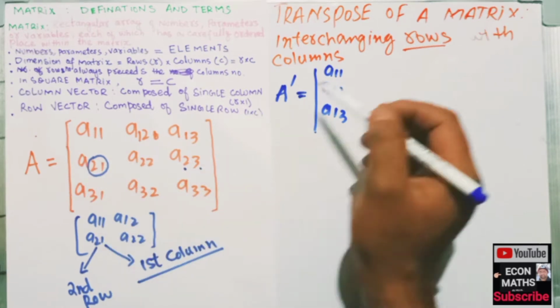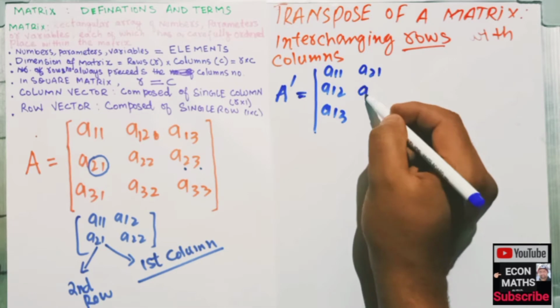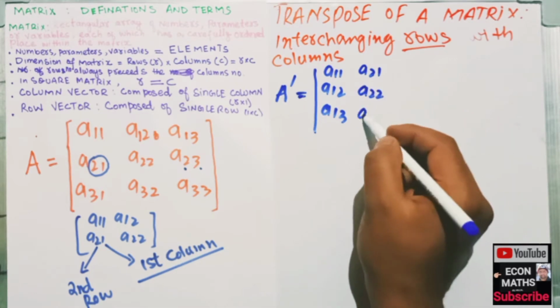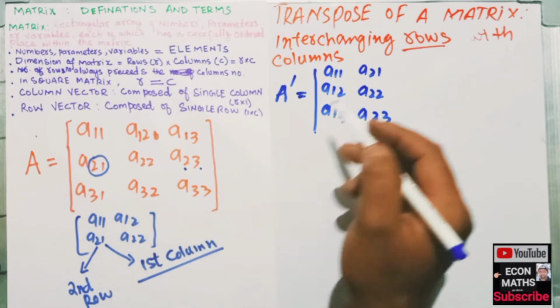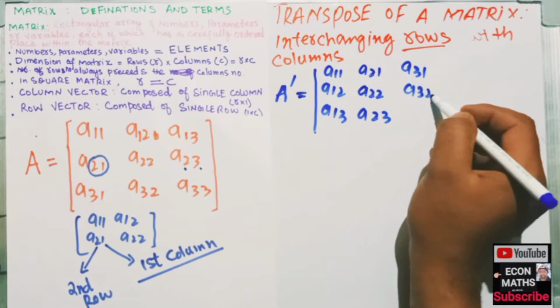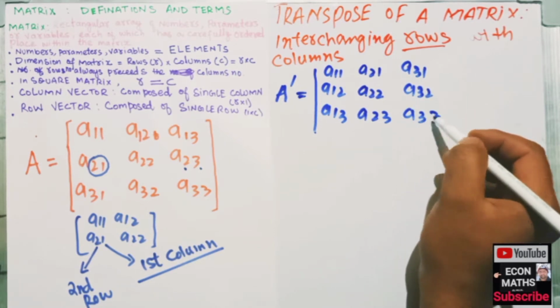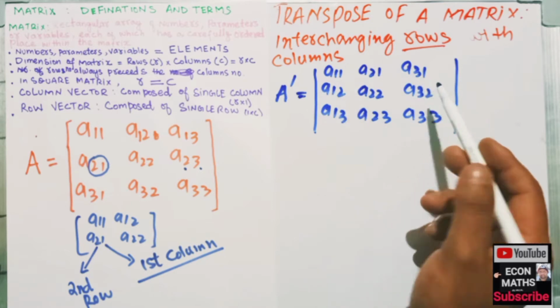Similarly, this will become A21, A22, A23. Similarly, A31, A32, and A33. So we have interchanged the position of rows with columns.